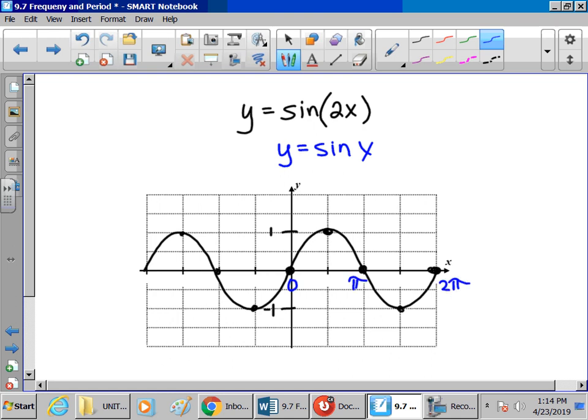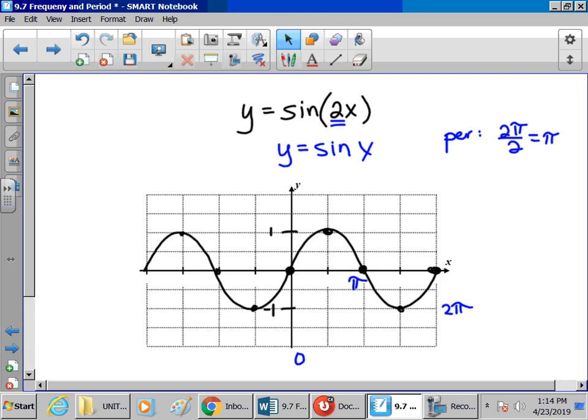But because we have y equals sine 2x, I know that my period is going to be 2 pi divided by 2, which is pi, which means I'm going to have one complete cycle, not between 0 and 2 pi, but between 0 and pi.